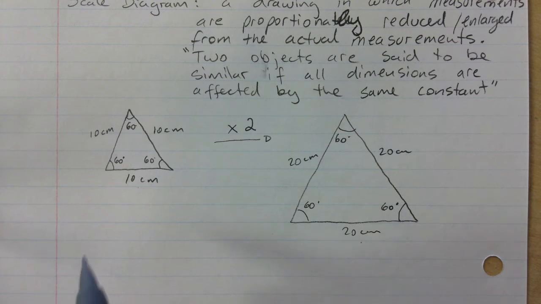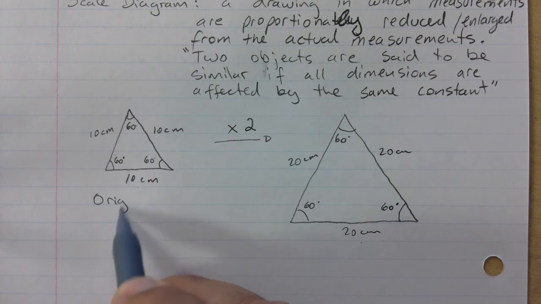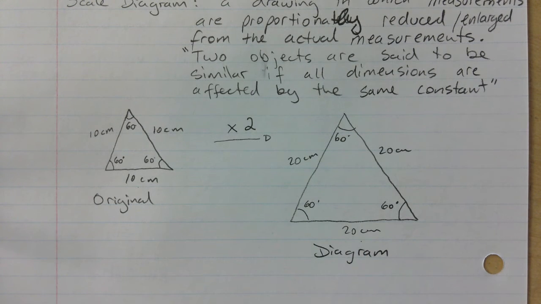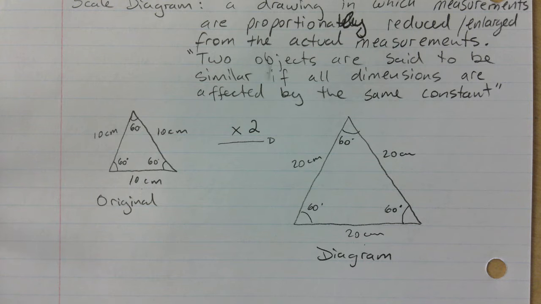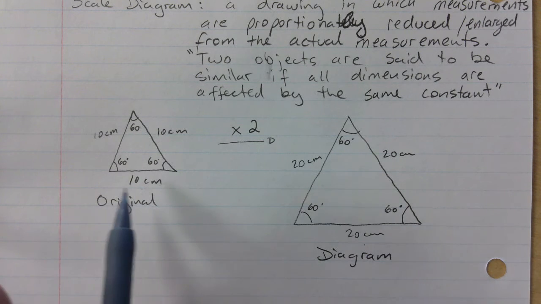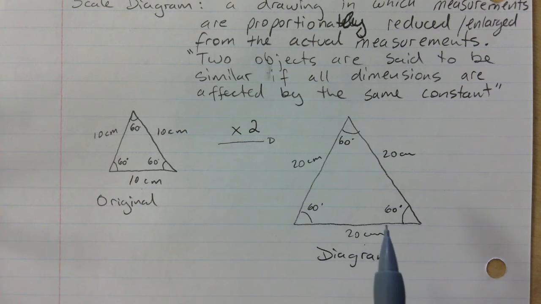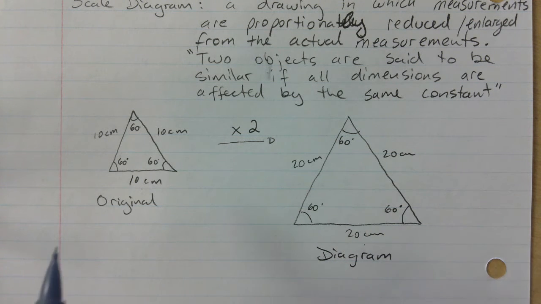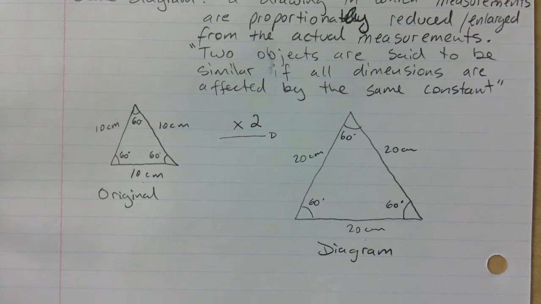So let's call this the original, and this would be considered the diagram. You start with one, and then you either get a larger version of it or a reduced version of it, right? But we always have the original and the diagram to compare to.